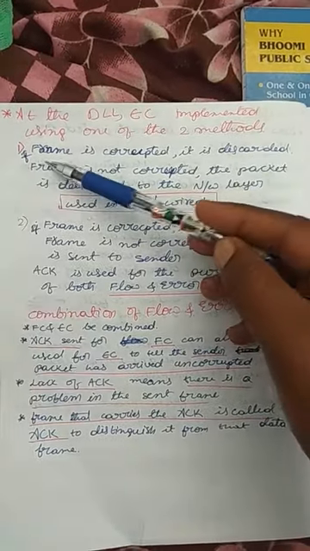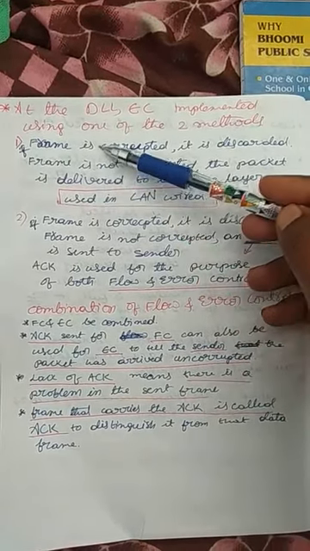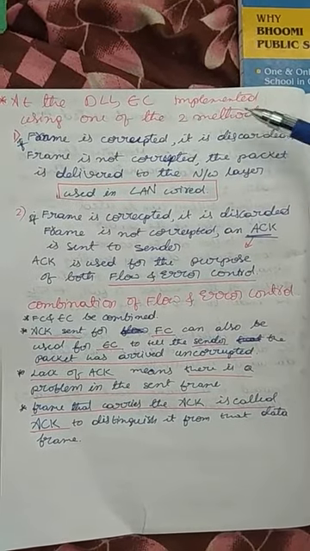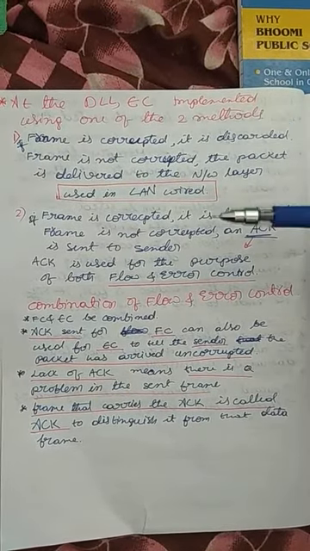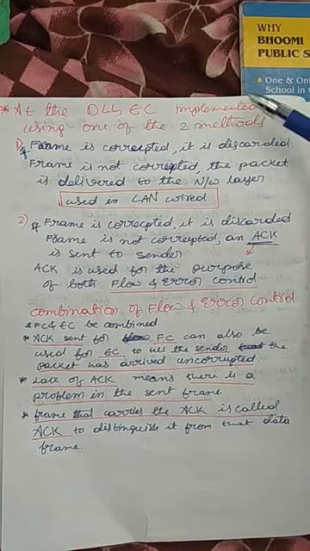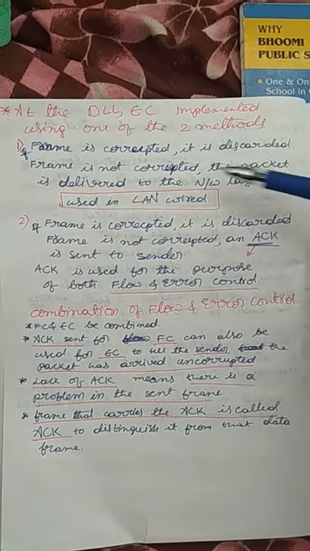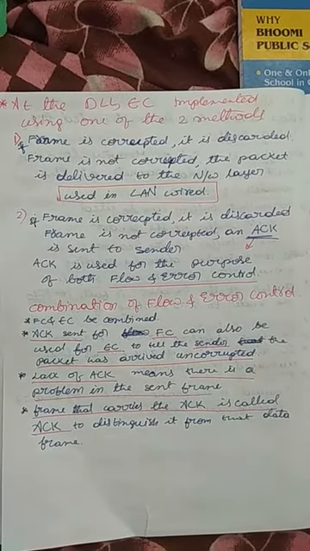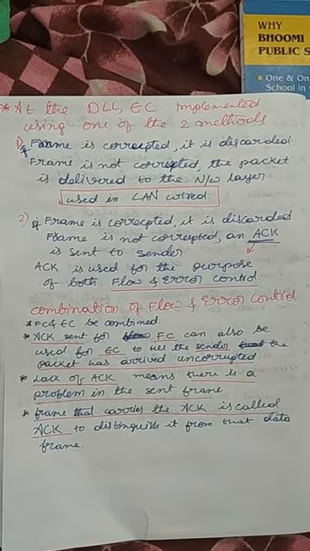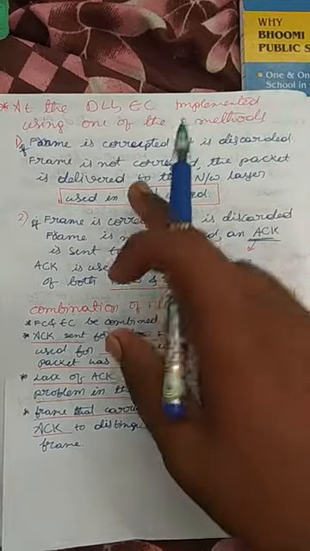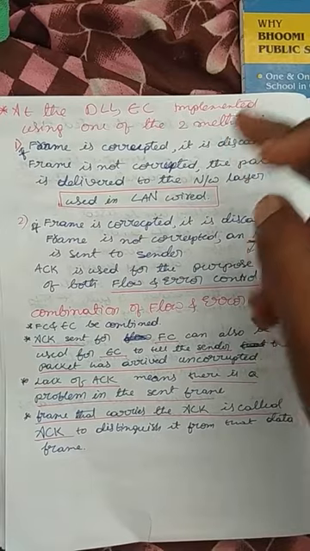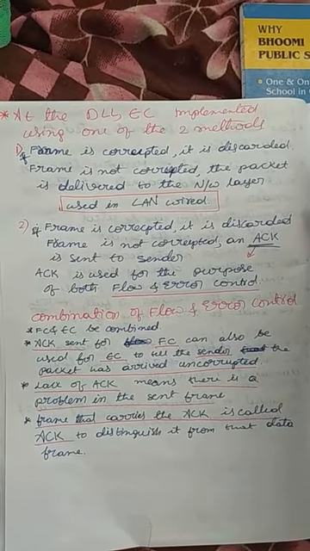Means the first method: if the frame is corrupted, you are not going to accept it, it will be discarded. If the frame is not corrupted, the packet is delivered to the next upper layer, nothing but the network layer. If it is corrupted, we are not going to accept it or send it to any other layers.